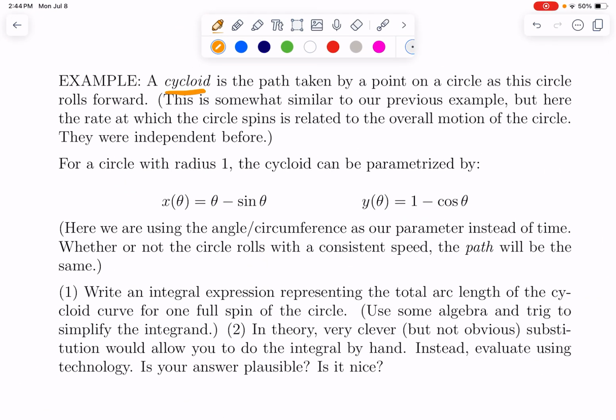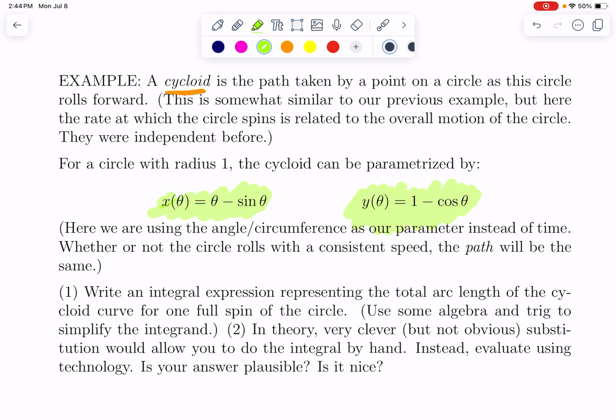So, assuming the circle has radius 1, which we'll do in our example just to make things simpler, these are our formulas for the x and y coordinates for that cycloid. And in this case, we're just going to make the angle theta the parameter. Right? You could imagine that it's rotating at 1 radian per second, if you want to think of that as the same. It doesn't really matter.